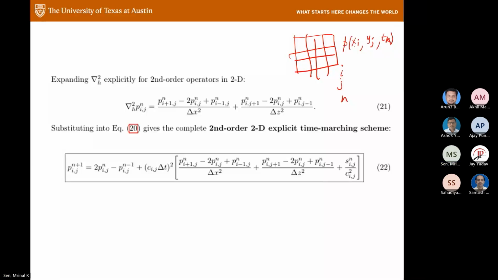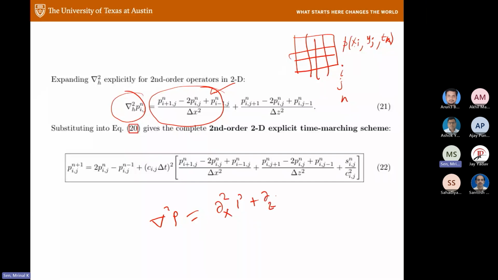Okay. So the second order finite difference, you can compute this as, this is Laplacian. So when I say del square p, this basically means del x squared p plus del z squared p. So I need to have finite difference approximations for each one of these.